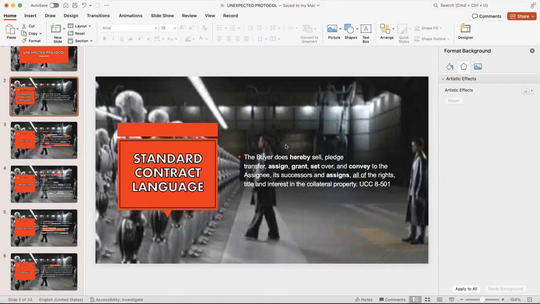It says the buyer does hereby sell, pledge, transfer, assign, grant, set over, and convey to the assignee, its successors, and assigns all of the rights, title, and interest in the collateral property. And then I gave you a UCC.